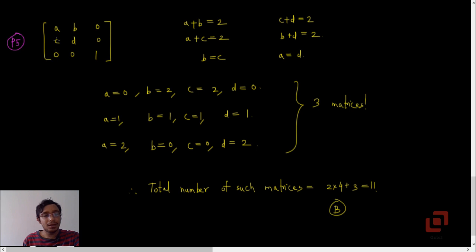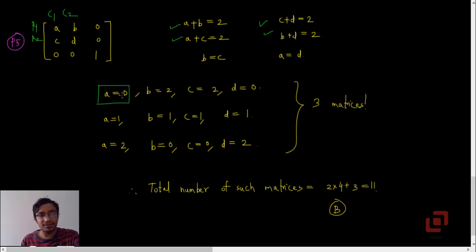Now here, if you look at R1, R2 and C1, C2, okay, the rows and columns, then the conditions tell us that A plus B equal to 2, A plus C equal to 2, yes, or B equal to C. Okay, then C plus D equal to 2 and B plus D equal to 2, implying A equal to D. Okay, again 4 equations, 4 unknowns, but again we are not going to solve this particular system of linear equations. We will start with A equal to 0.